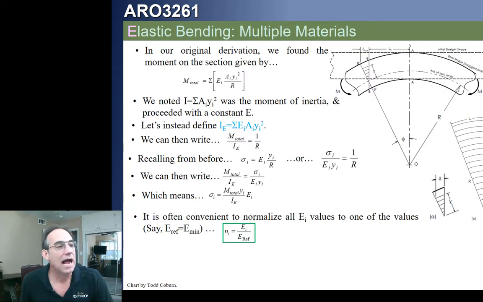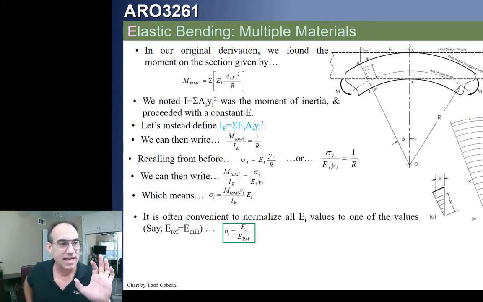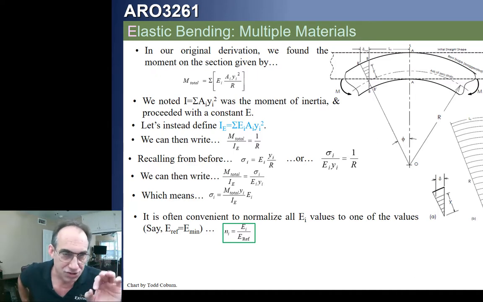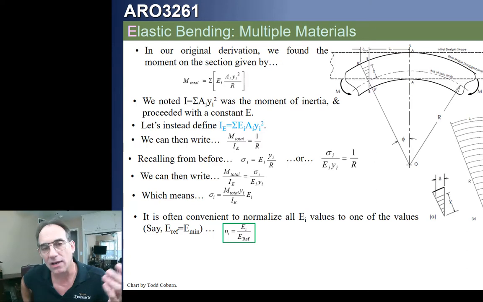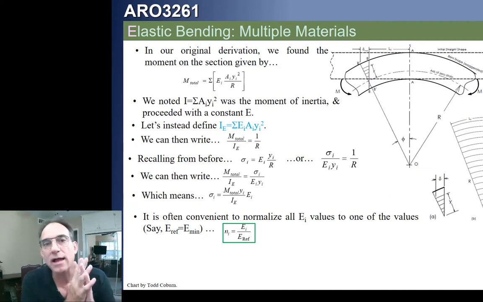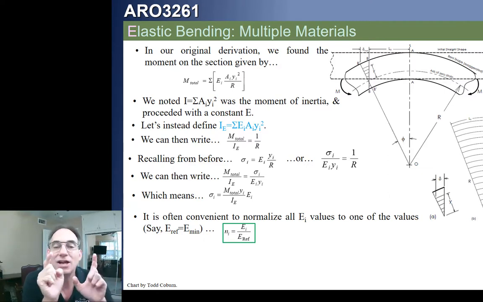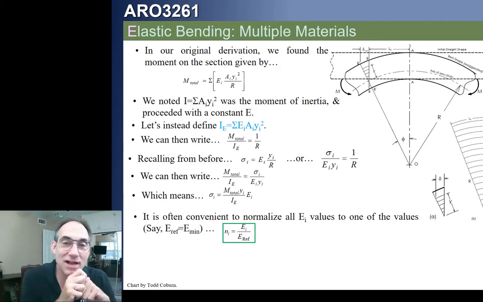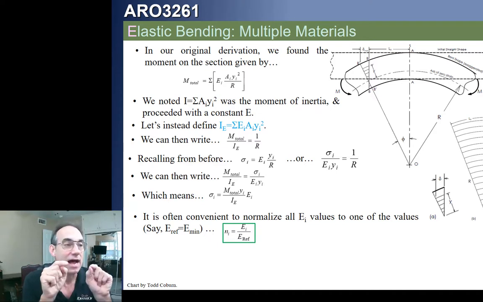So we said that we're going to write our stresses like this, My over the moment of inertia times E. The problem is, E is a huge number, and when we multiply huge numbers by small numbers, we tend to get errors creeping into our analysis. So now that I've got you convinced that this is a great idea, we're not going to use this moment of inertia in our calculations.